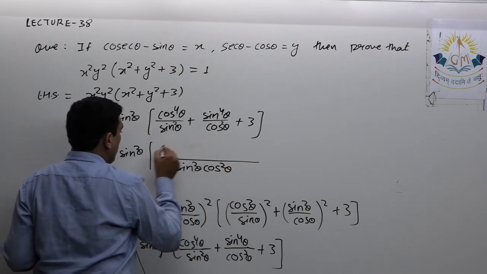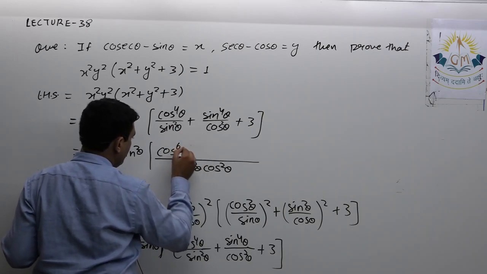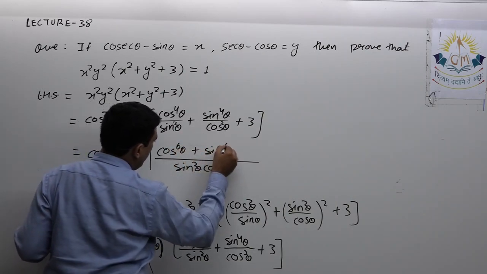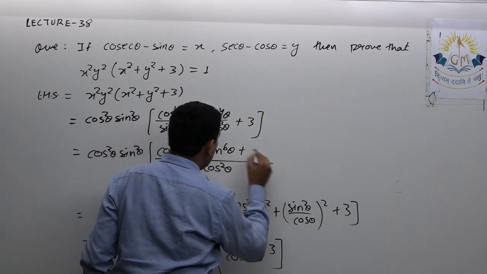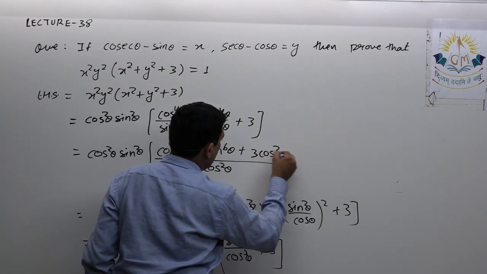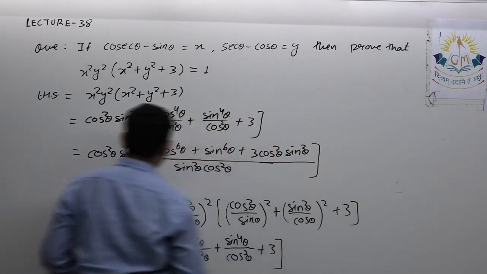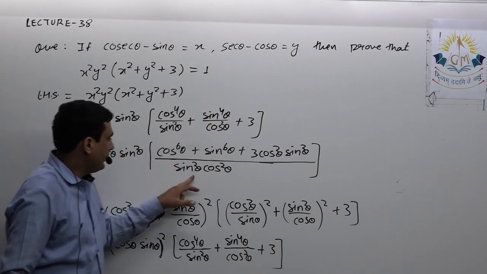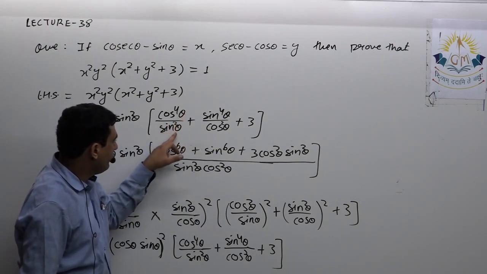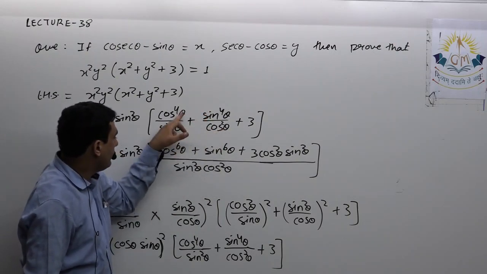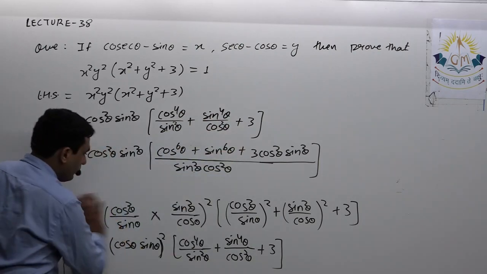So over here I will get cos raised to 6 theta plus sin raised to 6 theta plus 3 cos square theta sin square theta. When I take the LCM, here it is sin square theta cos square theta. So cross multiplication, cos raised to 6 theta plus sin raised to 6 theta plus 3 cos square theta sin square theta.